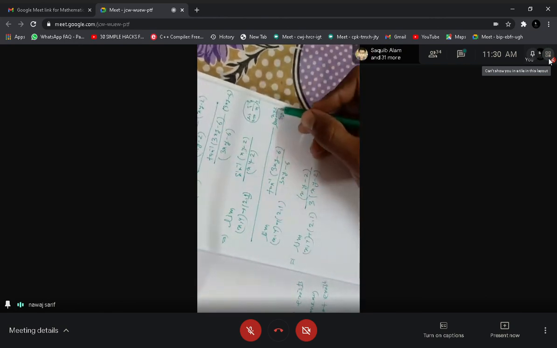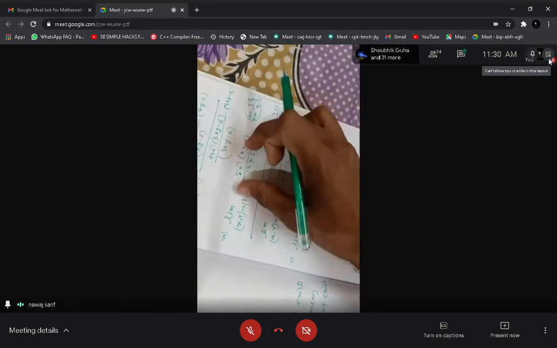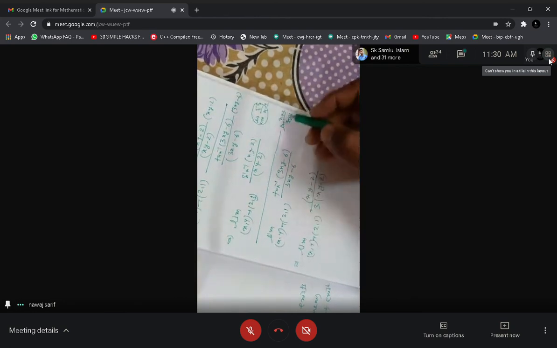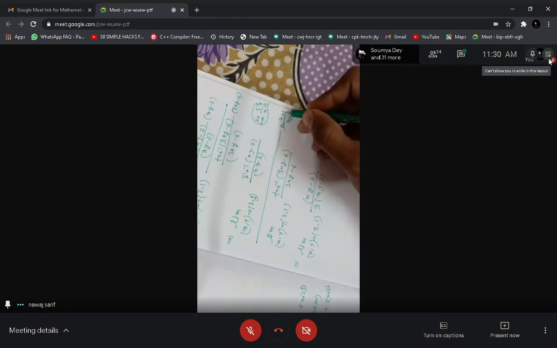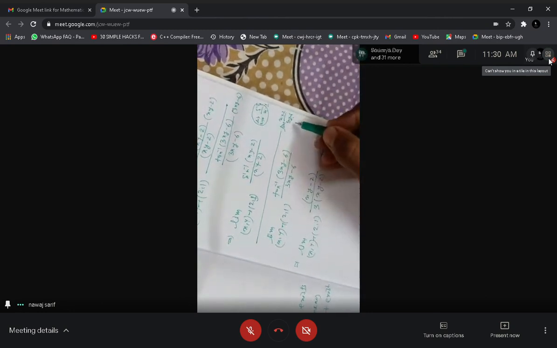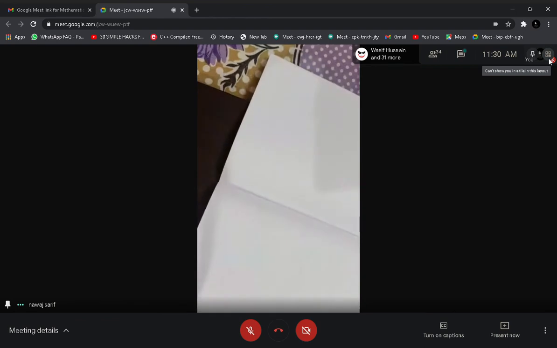You have the limit of (xy minus 2) and (3xy minus 6). So this term is 1, and the limit of this is also 1. So you have only left the limit of (xy minus 2) by (3xy minus 6). 3 is common out from here. So this limit is your 1 by 3. Okay.